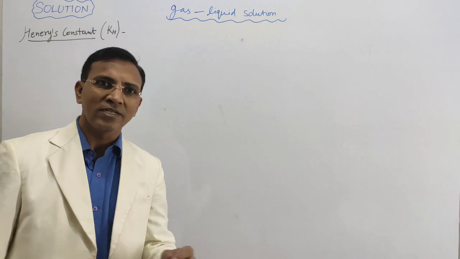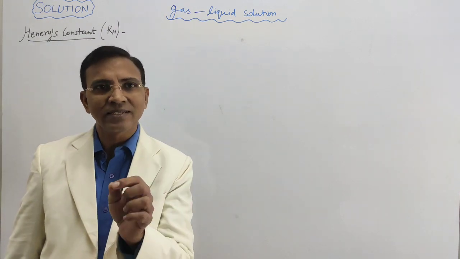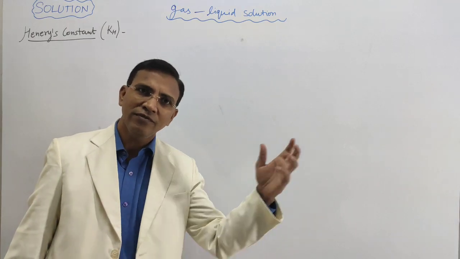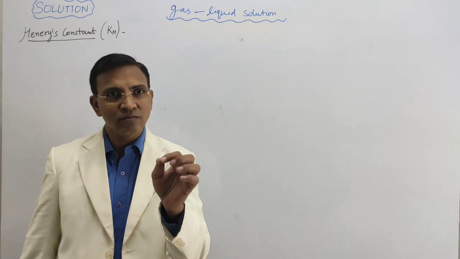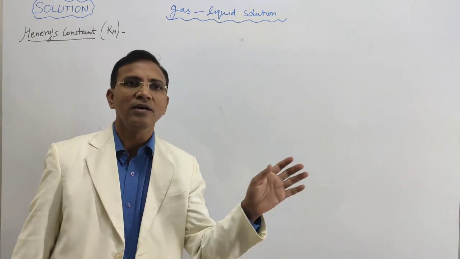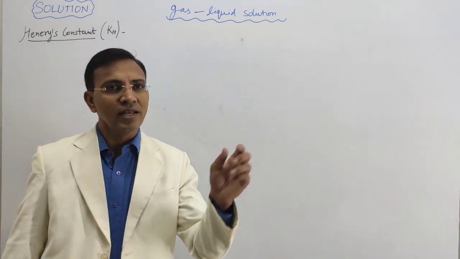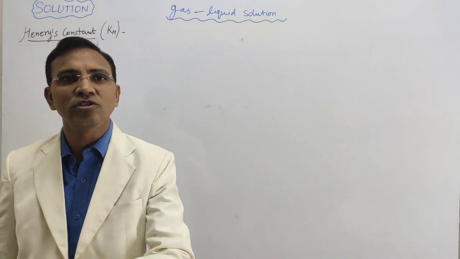Henry's law constant, that is represented by kH, has different values for different gases, right? So the value of kH, that is Henry's constant, depends on the temperature, nature of the gas and nature of the liquid in which the gas is going to dissolve.